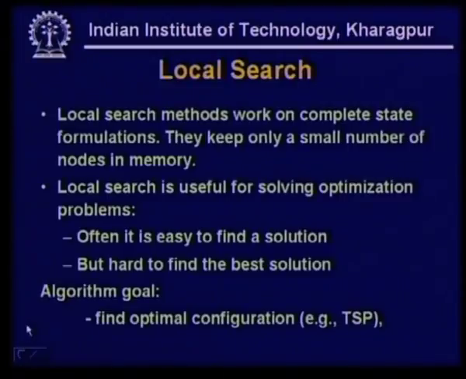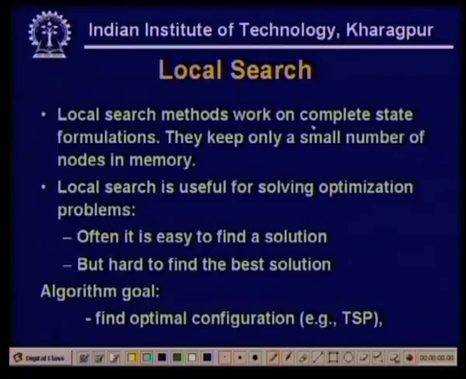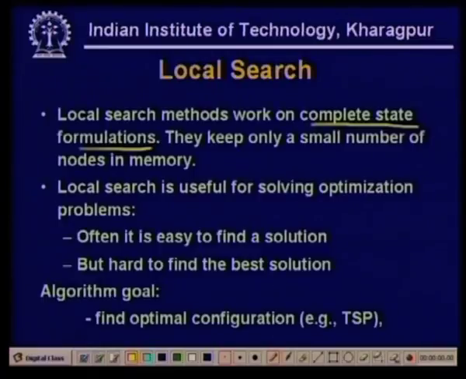Local search methods work on formulations where every configuration is a complete state. So, local search does a search on complete state formulations. Typically a small, constant number of nodes are kept in memory, and these nodes are all configurations of the entire state. These states are perturbed to get the next state.